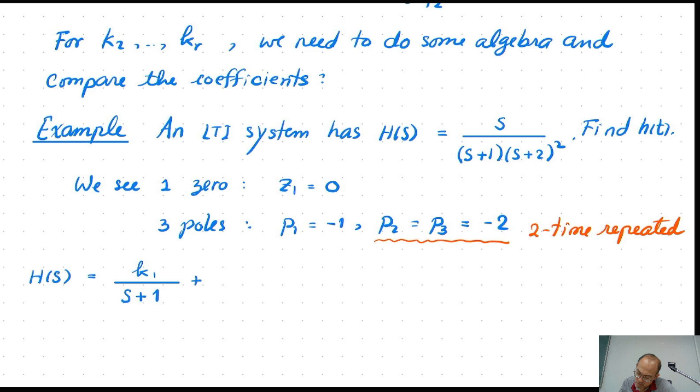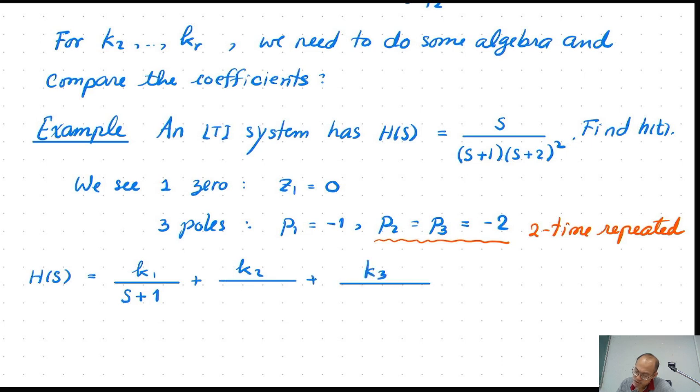Now, for the second and third pole, they are repeated, so you have to add 2 terms. The number of terms to add is equal to the number of repeated poles, which in this case is 2 terms. The first term and the second term.